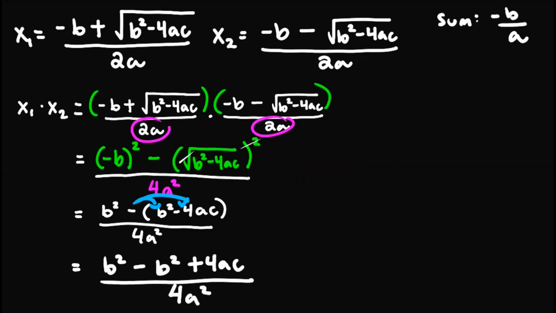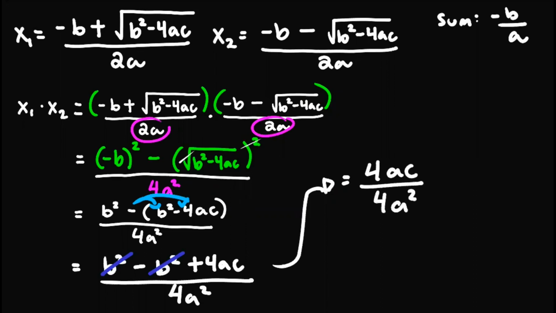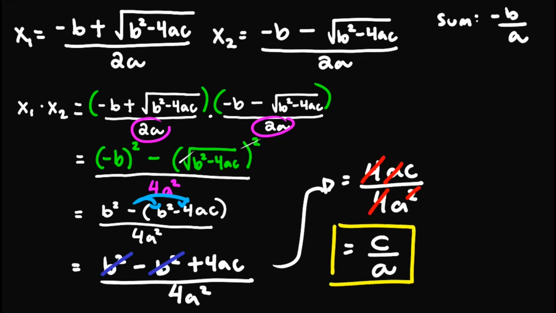The b squared out here will cancel out, or we'll subtract them to 0, and we'll obtain 4ac over 4a squared.